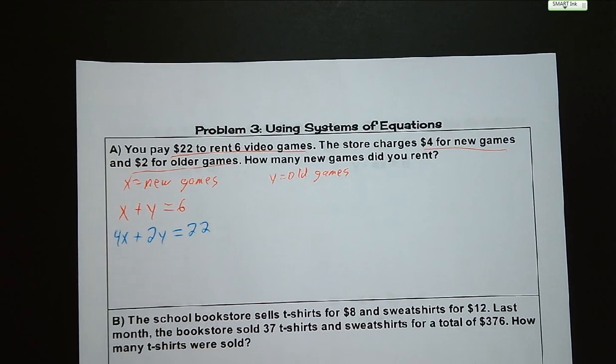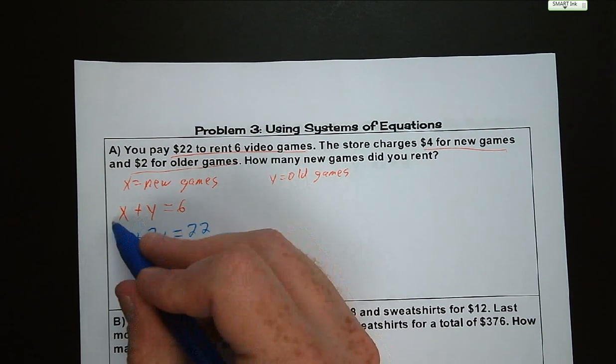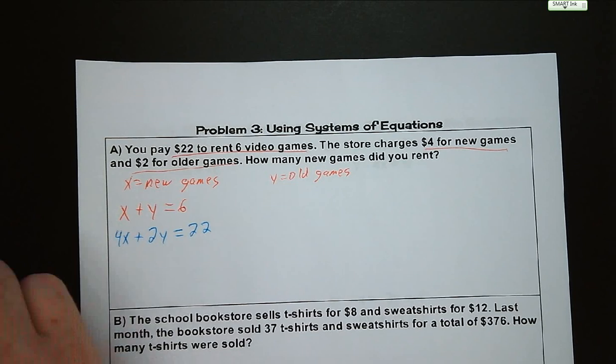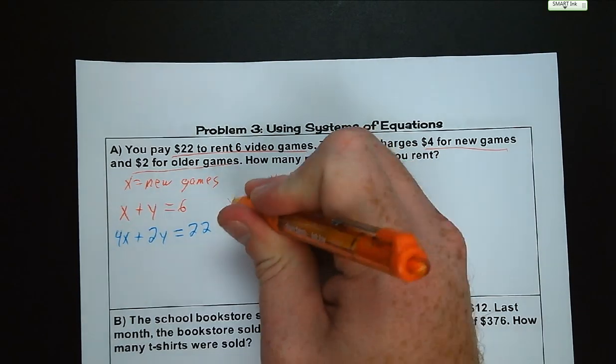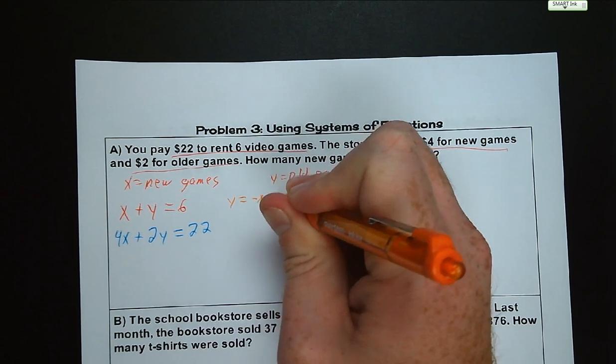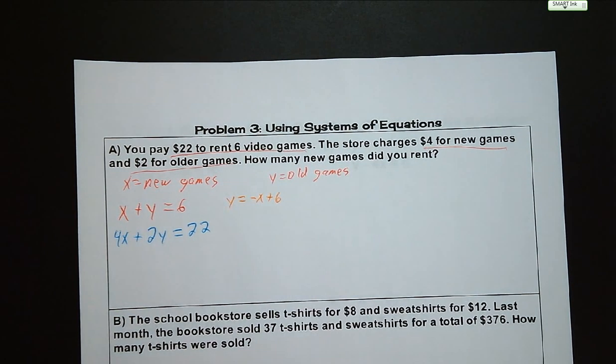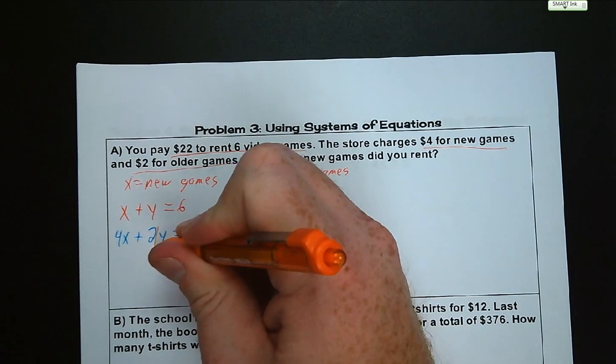And we can easily solve the first one for y. So we're going to just subtract x from both sides. So y equals negative x plus 6. All we did was subtract x from both sides of our equation, moved it over. So now we can substitute that in for y in our equation.